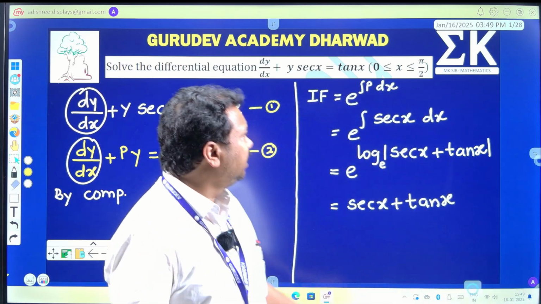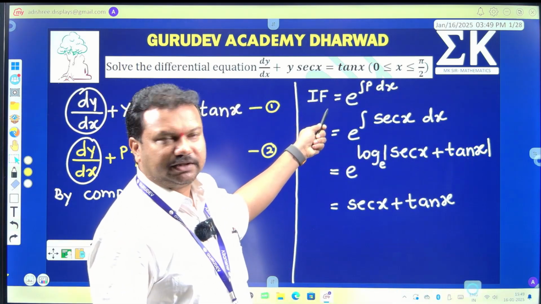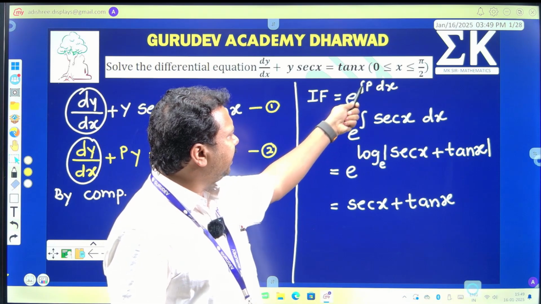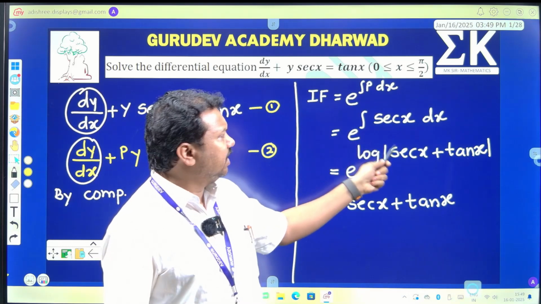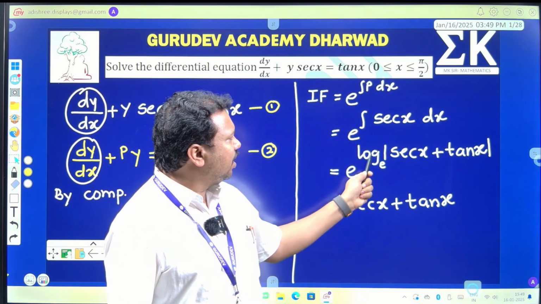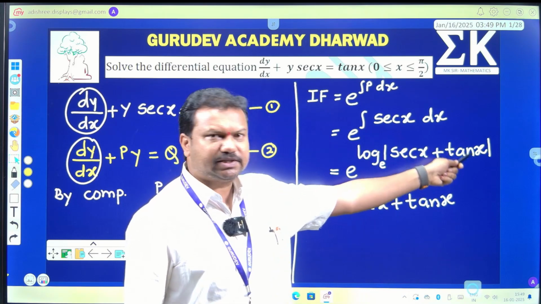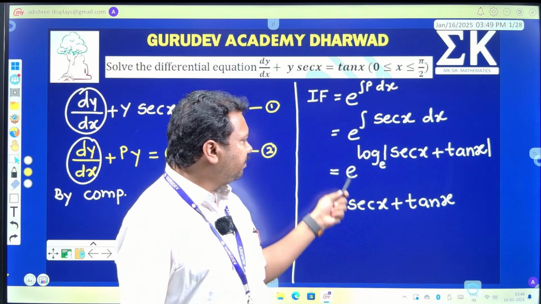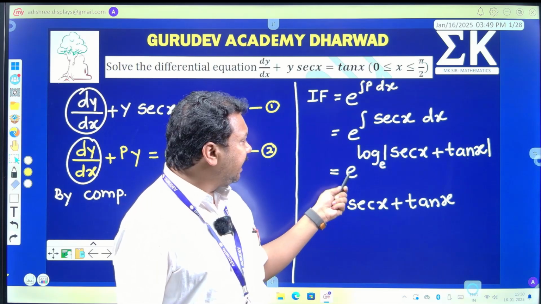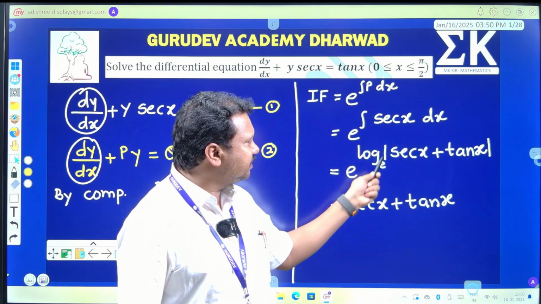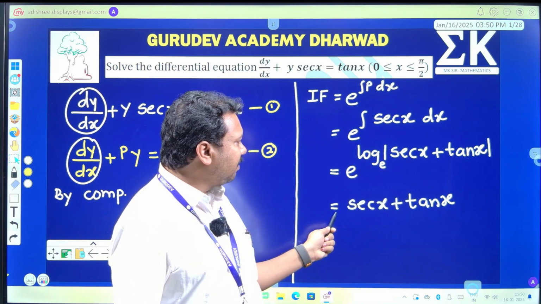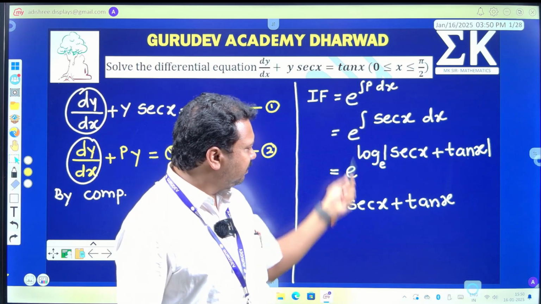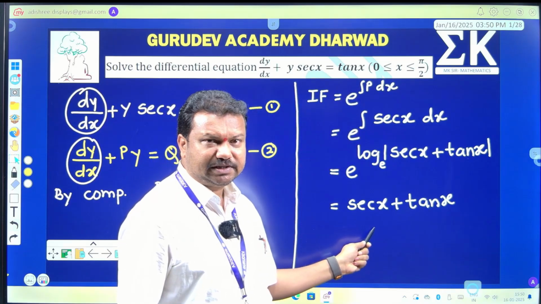And we know the integral factor is e to the power integral of P dx, and the value of P is secant x. What is the integration of secant x? Log mod secant x plus tan x, isn't it? Therefore, by using the property that e to the power log f of x to the base e is always equal to f of x, this whole function is reduced to secant x plus tan x.